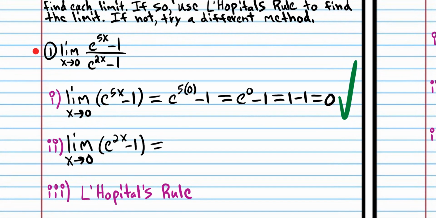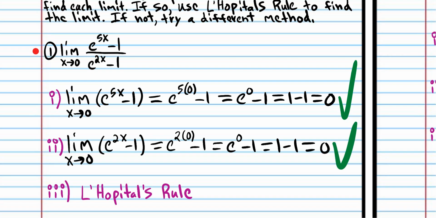These are both continuous functions, so we can use limit law number 8. We can just replace x with 0. So again, we get 0. That checks out. So it looks like we can use L'Hopital's rule.